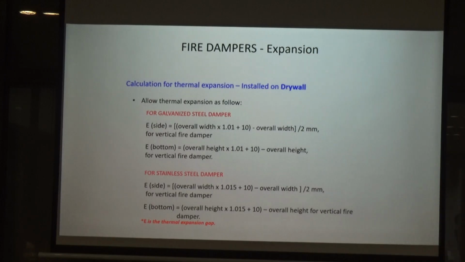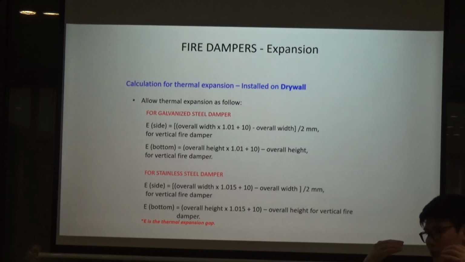So next is for drywall. Just now I mentioned brick wall, the vertical fire damper will sit on the insulation, then compress, so it will sit down. For drywall, we are using the hanging method. When we hang the drywall, usually we will hang from the top.